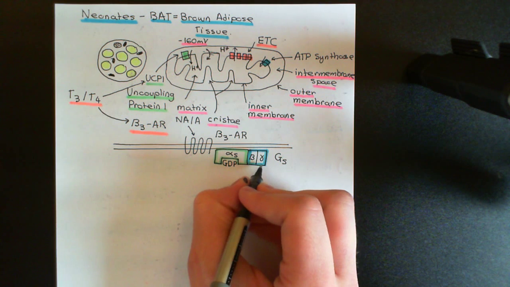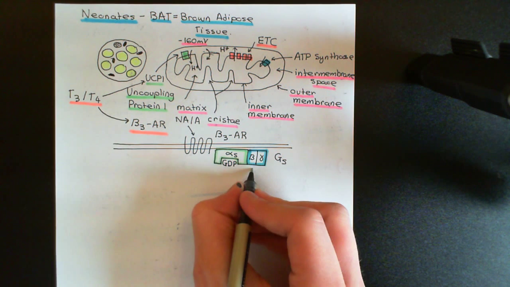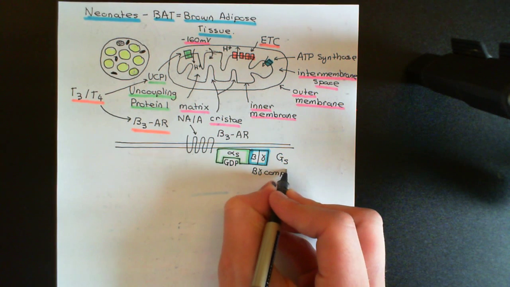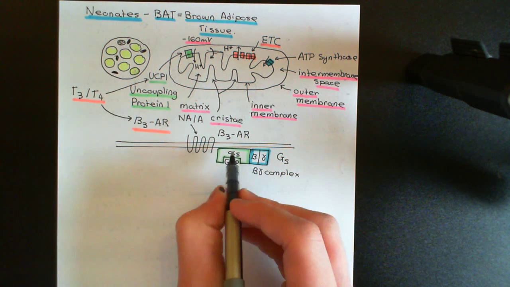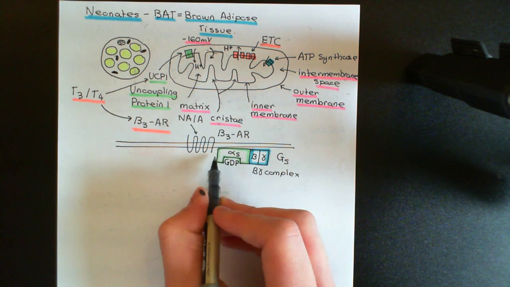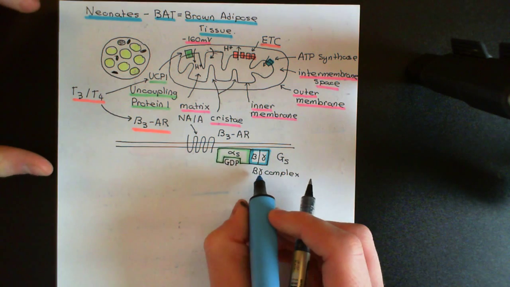The beta and gamma subunits always remain together, and are often referred to collectively as the beta-gamma complex. Whereas, once this has been activated and we've replaced the GDP with a GTP, the alpha S is no longer going to want to bind to the beta-gamma complex, so they're going to separate.